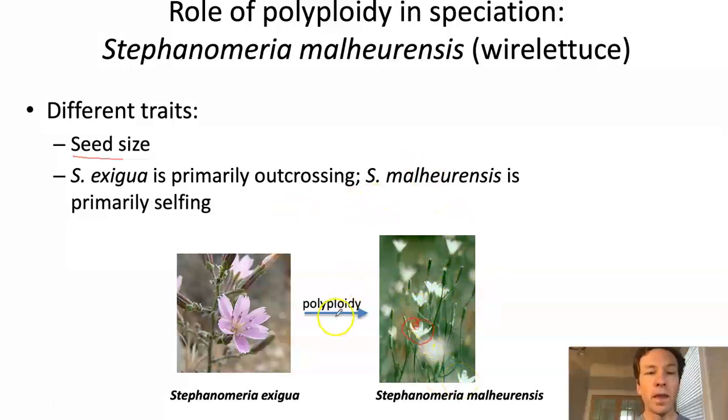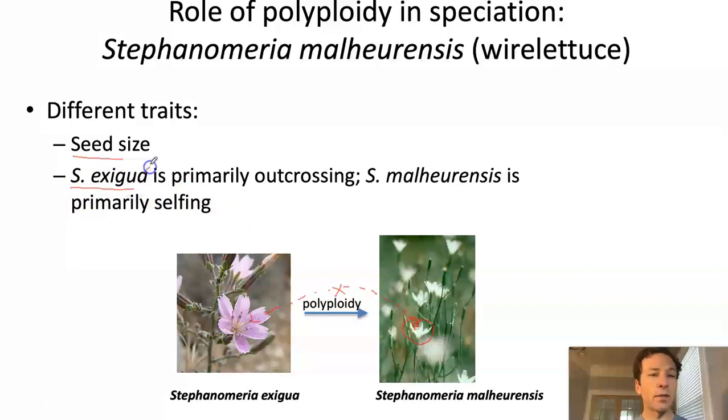As a result, self-pollination is itself a barrier to hybridization, because if this plant is not distributing much of its pollen, it is unlikely to pollinate flowers of exigua. So we have multiple barriers then to hybridization between the progenitor species.